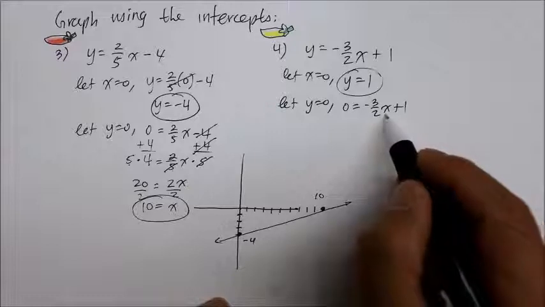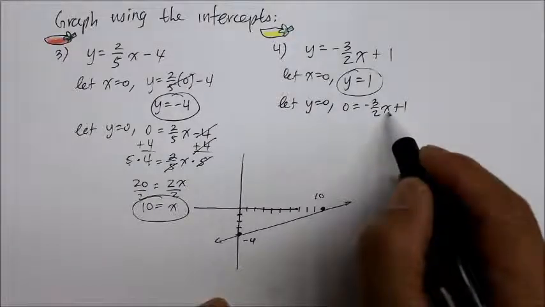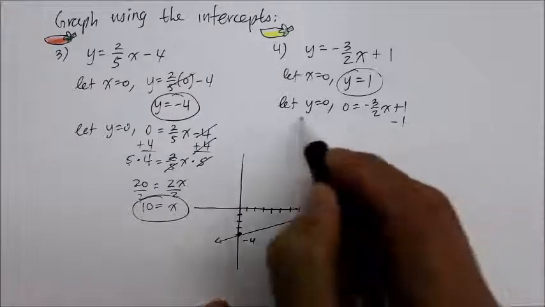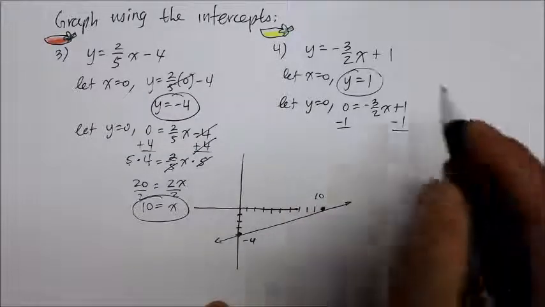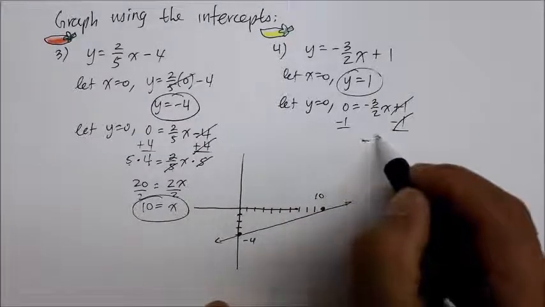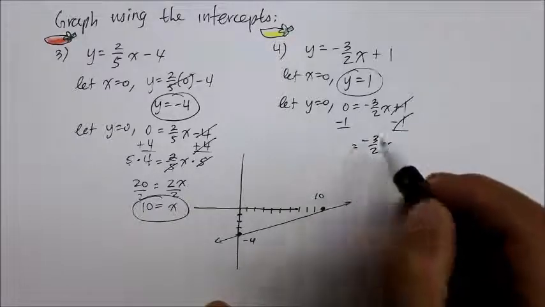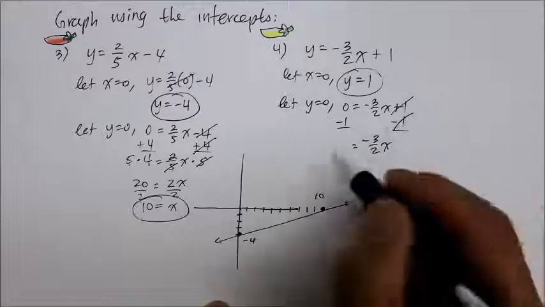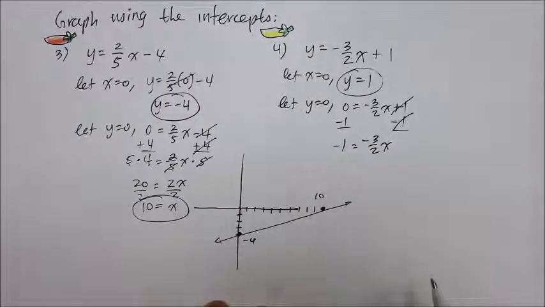To do that, we have to make the x stand by itself. We're going to get rid of the positive 1, which is -1 to both sides of the equation. So when we do, 1 and 1 cancel, and on the right, -3/2 x, you got nothing in the bank. You take out $1, your bank balance is now -1. You owe them money.